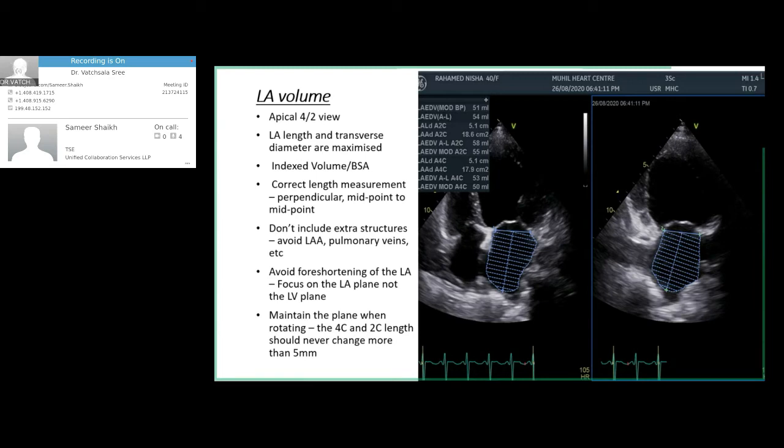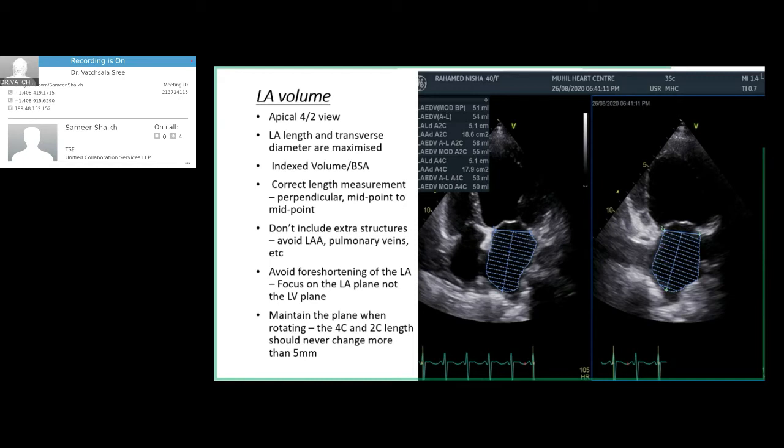The most important tip is, make sure that you enter the height and weight of the subject into the system. Why this is important is, the LA volume or the LA dimension can vary from individual to individual depending upon their height and weight. Once you index it to their body surface area, for that person, that is normal.